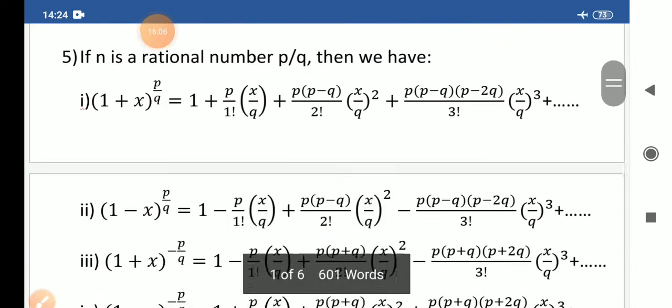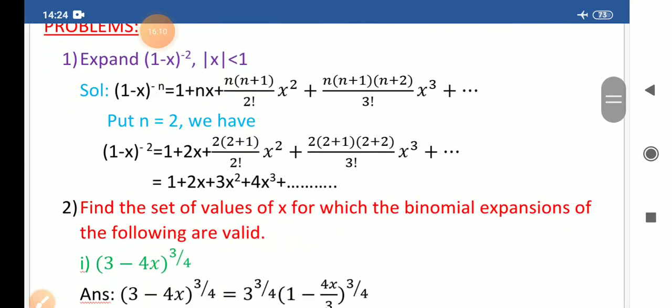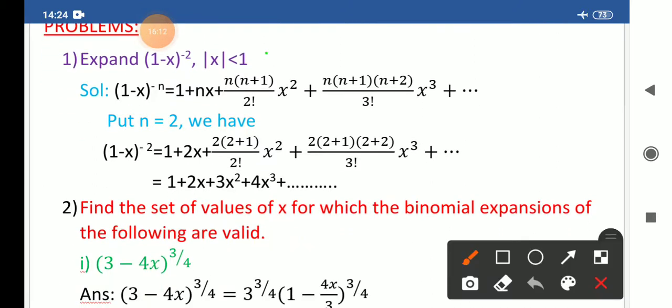By using that result, here expand 1 minus x power minus 2, given modulus x less than 1. You know the formula for 1 minus x power minus n. In this, we put n is equal to 2.